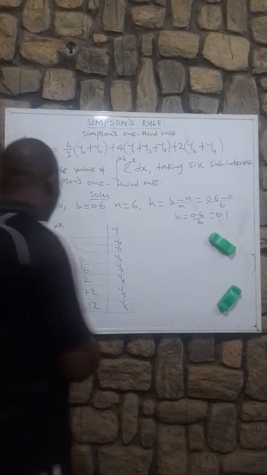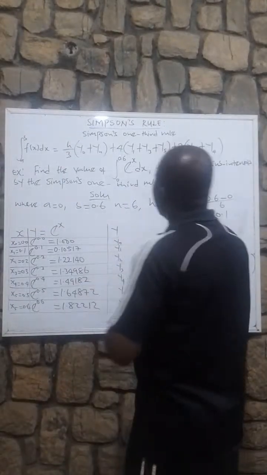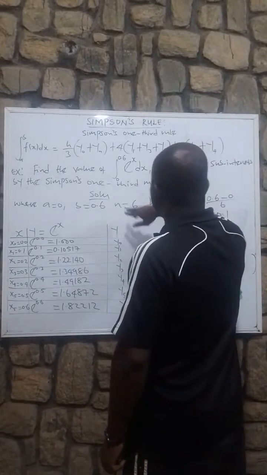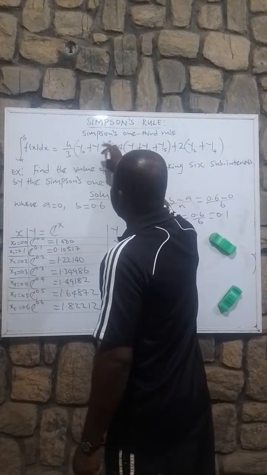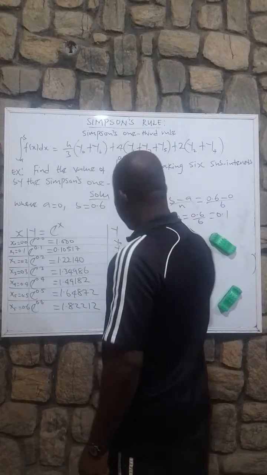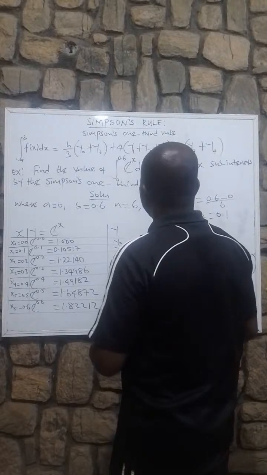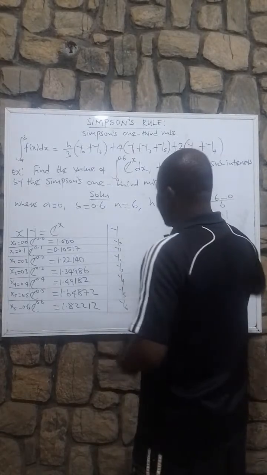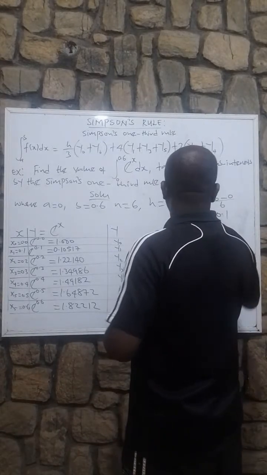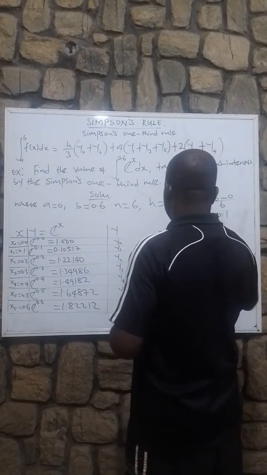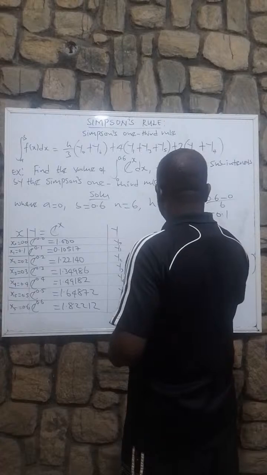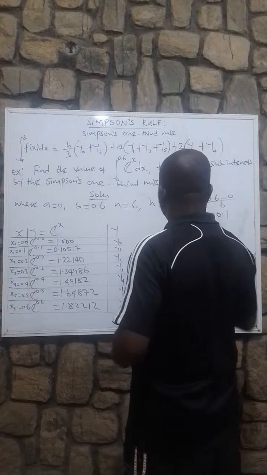Since the n is 6, here will be 6, right? So this implies that our h is equal to 0.1.